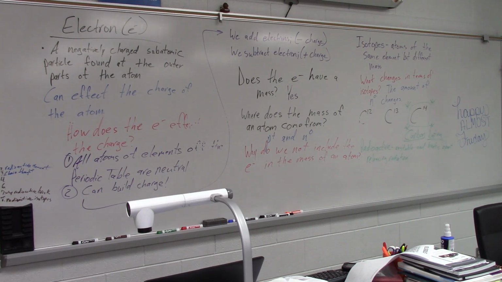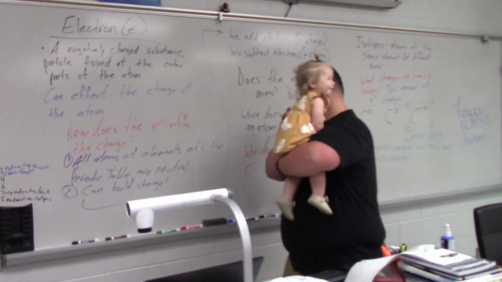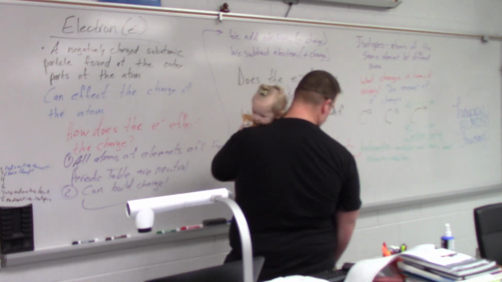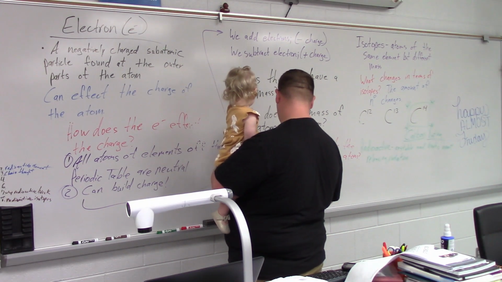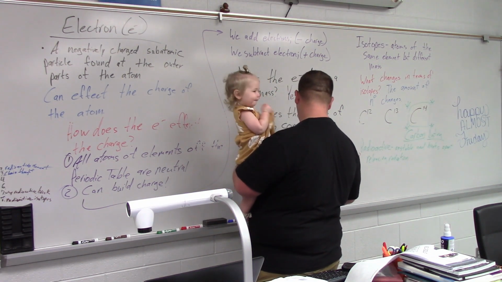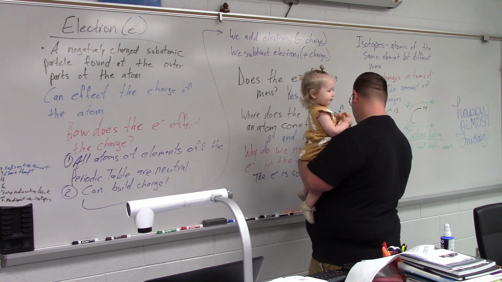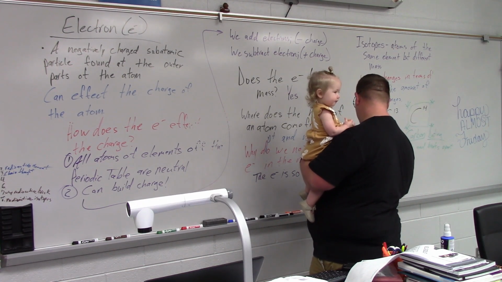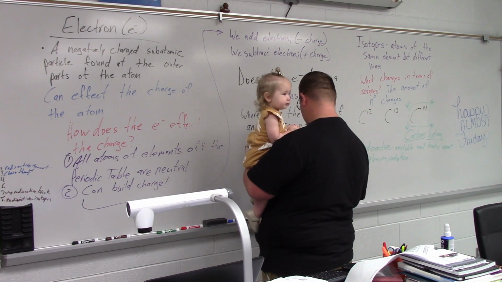So, why not? In comparison, the electron is so tiny. The electron is about 1/1000th the size of a neutron and a proton. So the electron is so small compared to the proton and neutron.